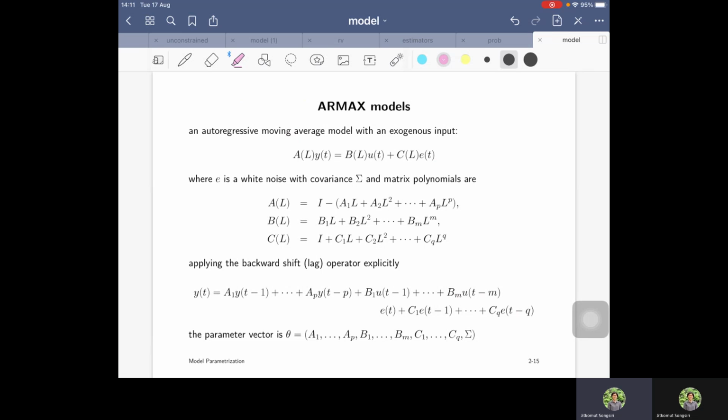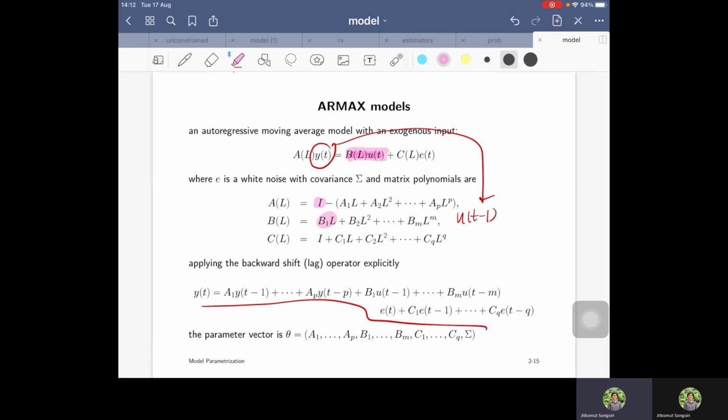Let me make one note that the matrix polynomial A will start with I. We will look at the time domain equation later, but let me note here that matrix polynomial B starts with the first lag operator, which means when you apply B(L) on U_t, the first term that appears will be U_{t-1}. So the response Y_t will be an effect from U_{t-1} from the past.